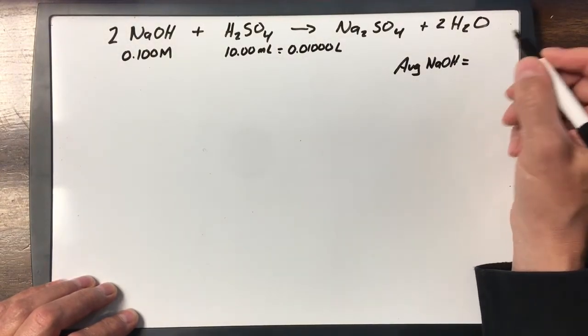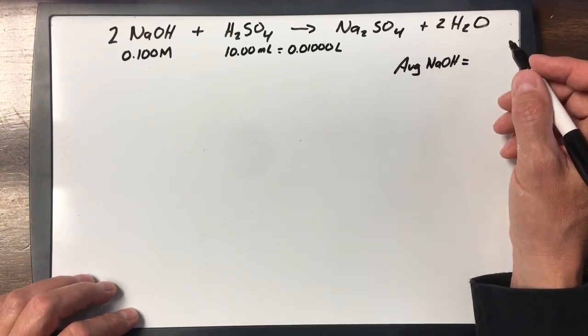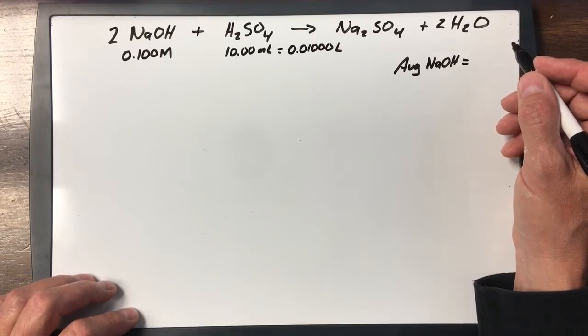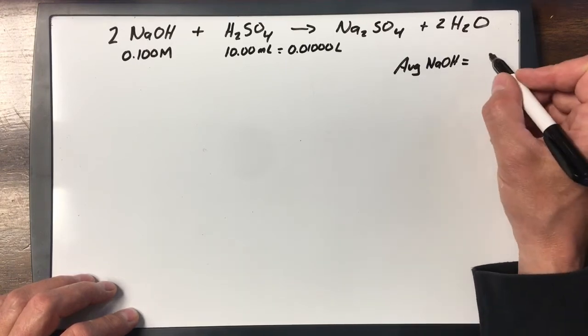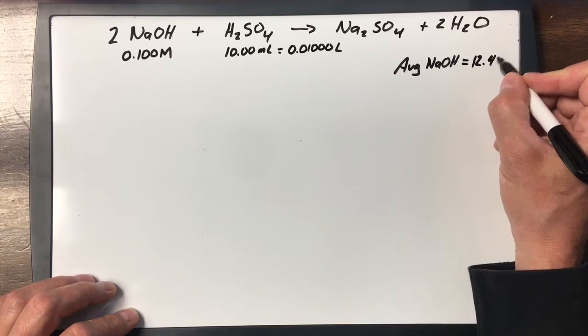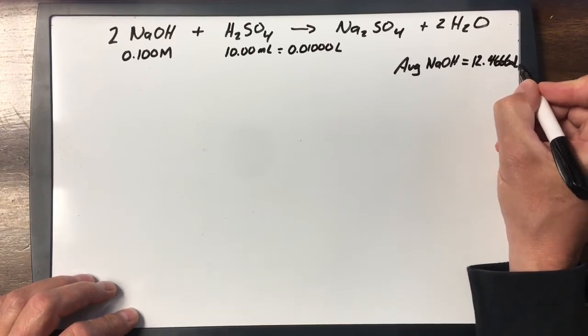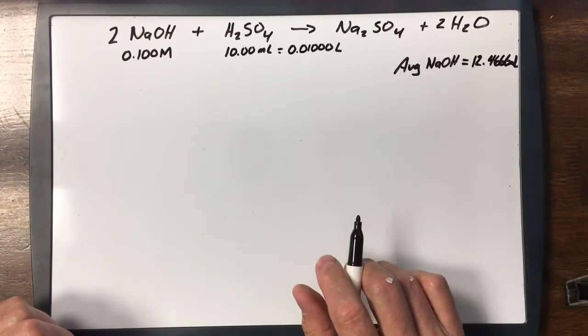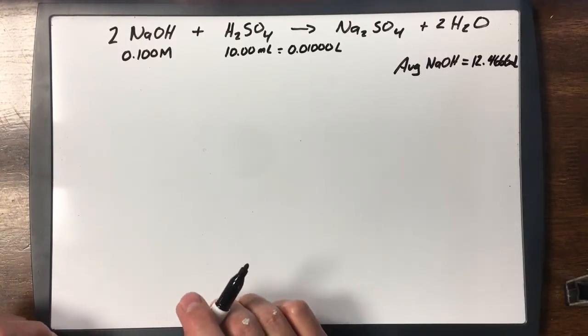The calculation is a straight average since they're all equal. We're going to simply add those 3 values up, the 12.42, 12.46, and 12.52 volumes of sodium hydroxide. Divide that by 3, and we're going to get an average volume of 12.4666 milliliters. Now I'm going to carry some extra digits as always, and we're only going to worry about our significant figures at the end.